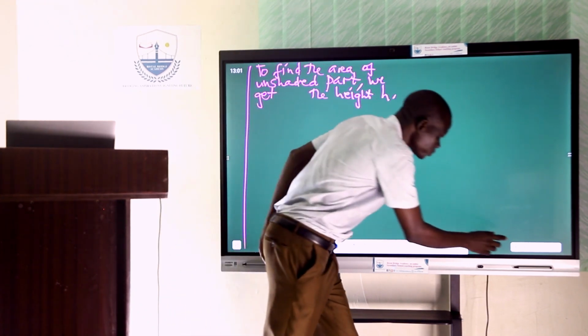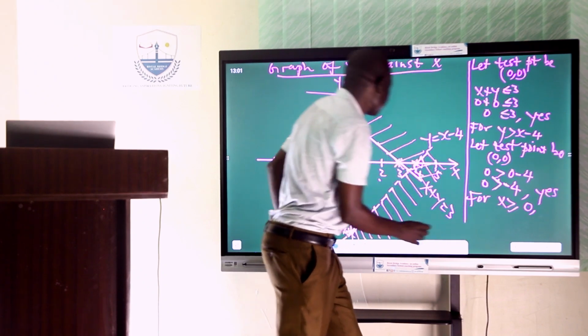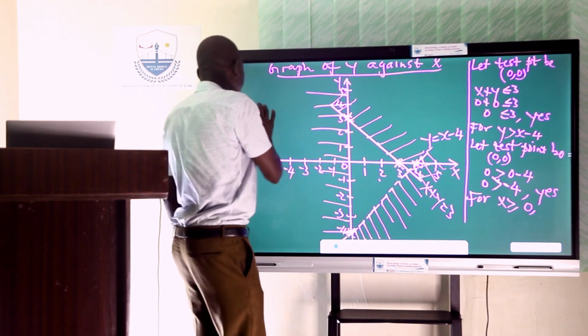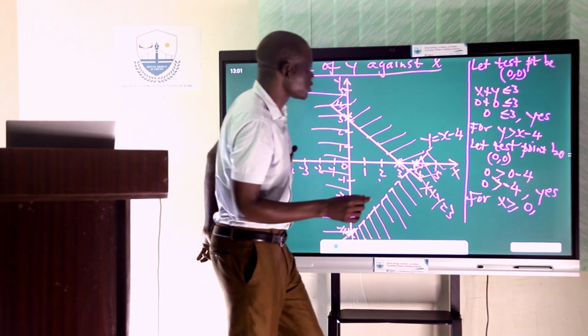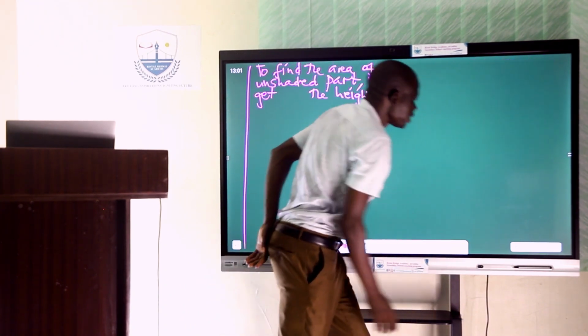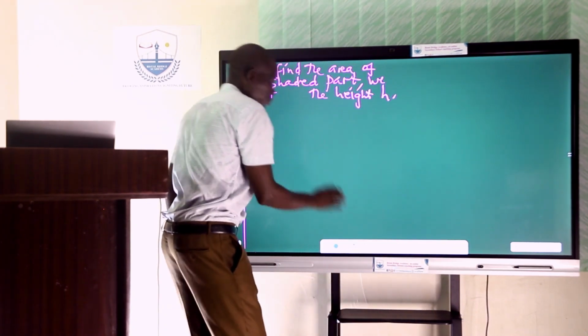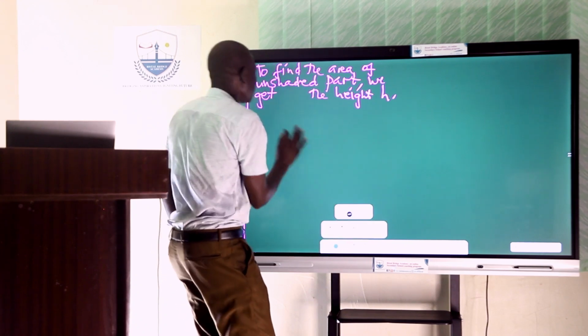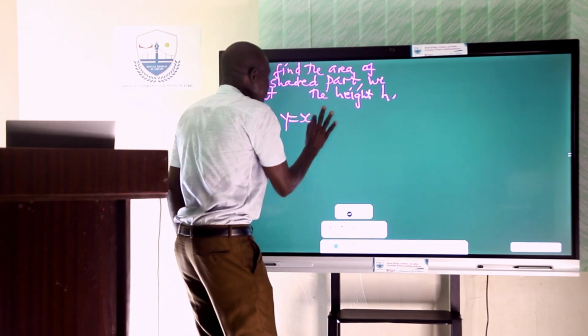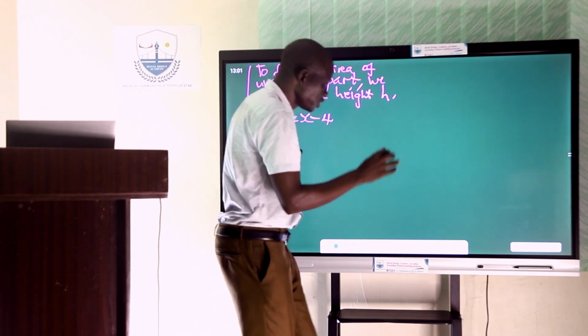So remember, our equations are: y is equal to x minus 4, this is equation 1.